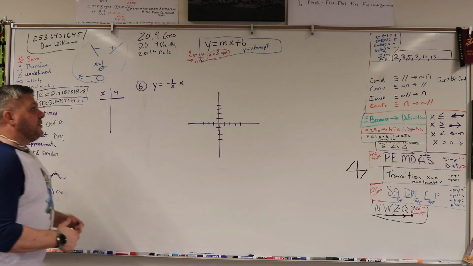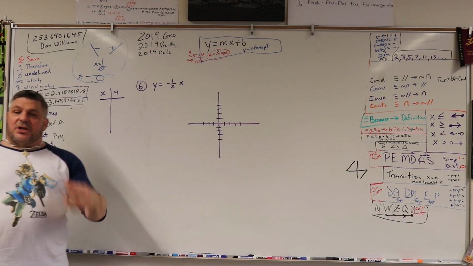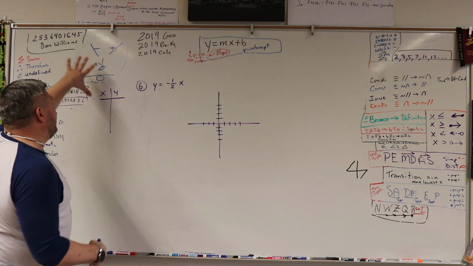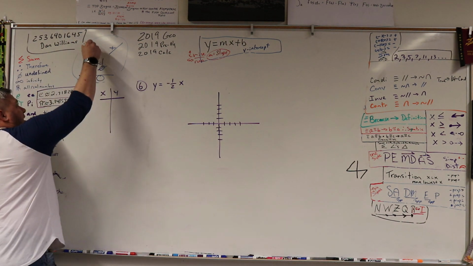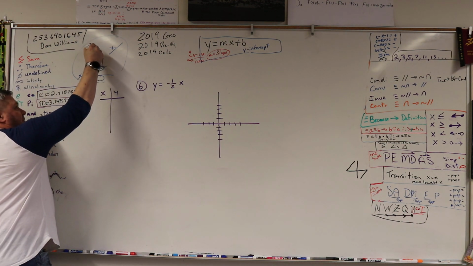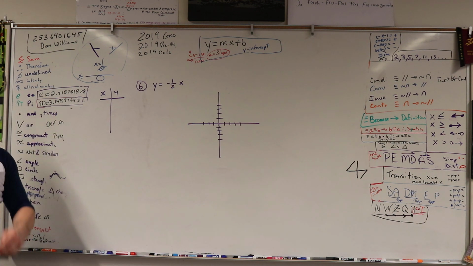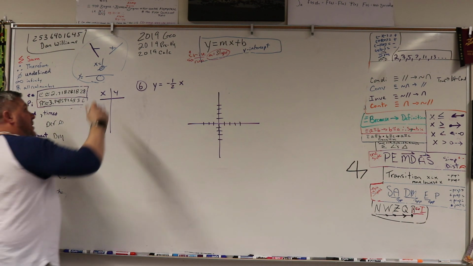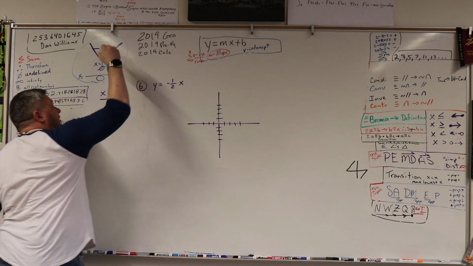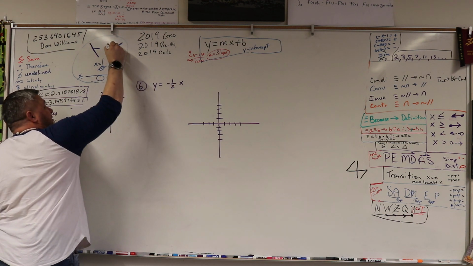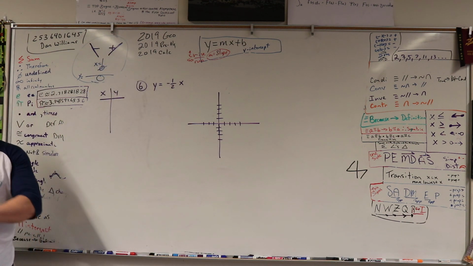Now, the other thing is we want to understand what slope is, right? So don't forget the base. Remember, negative slope just means it goes down from left to right. A positive slope means it's going to go up from left to right. That's a positive slope. Okay?